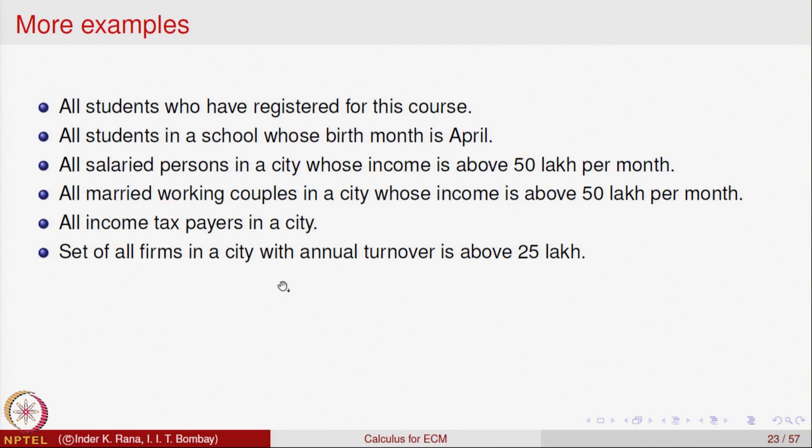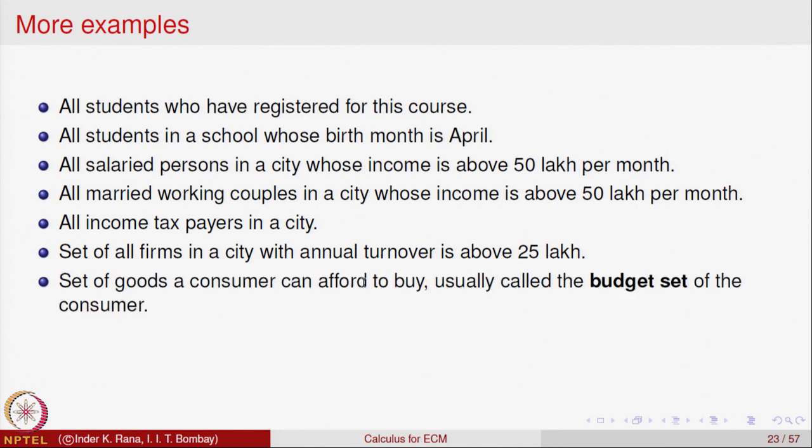This may be a bit difficult to say, which are the firms. So, this will only go by some official records, when they have the yearly audited statements of the firm, which disclose how much is the turnover. So, if you go by that method of picking up the firms, then it is well defined.